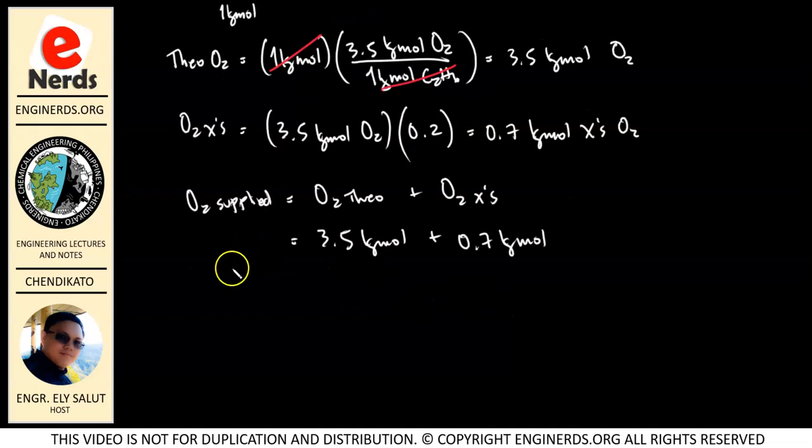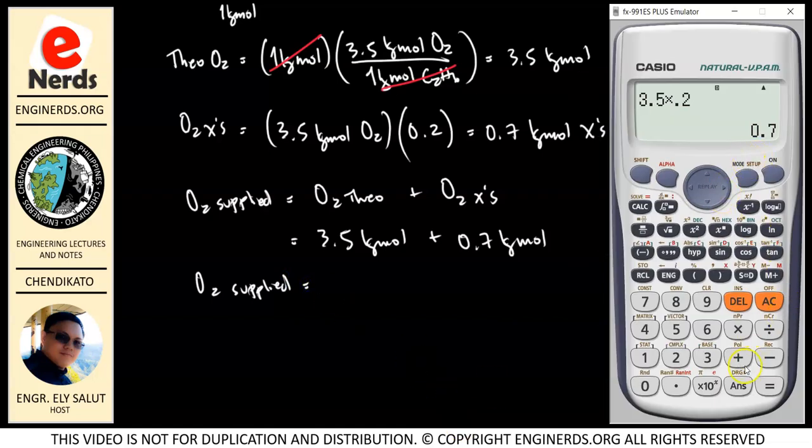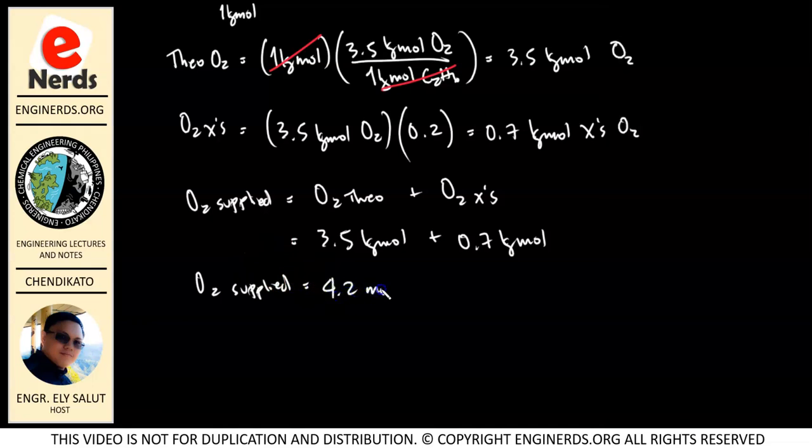So therefore our O2 supplied is equal to 0.7 plus 3.5, so we have 4.2 moles of O2 supplied.